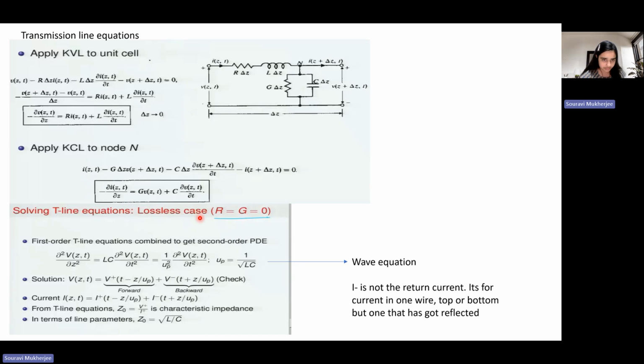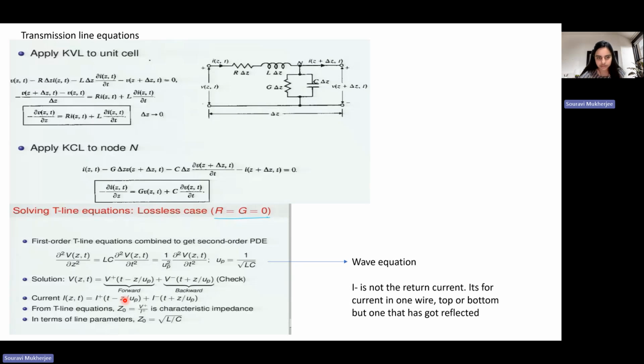So in the lossless case, if you put R and G to 0, you would get a simplified expression, a very typical wave expression, where the speed of the wave, or the wave velocity, is related to the inductance and the capacitance of your transmission line. And you would have a forward moving wave and a backward moving wave, so the general expression will be the superposition of the two.